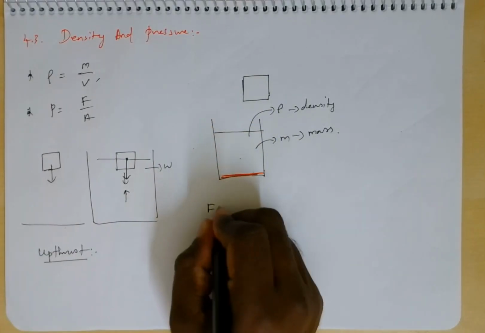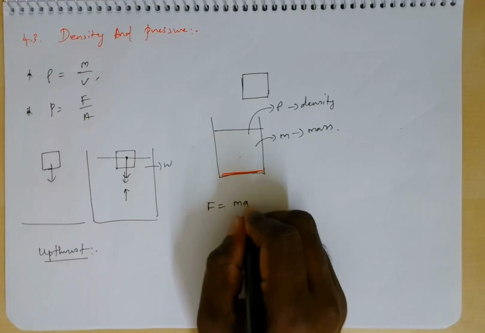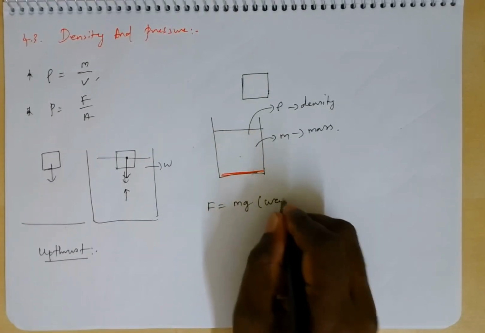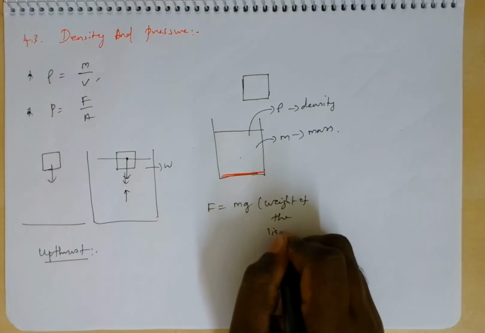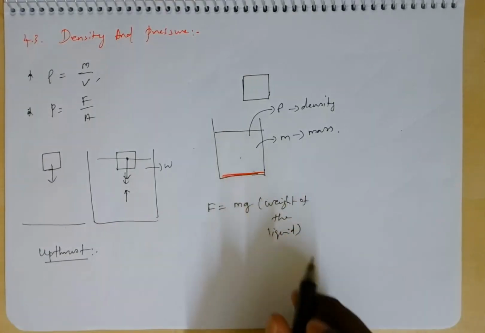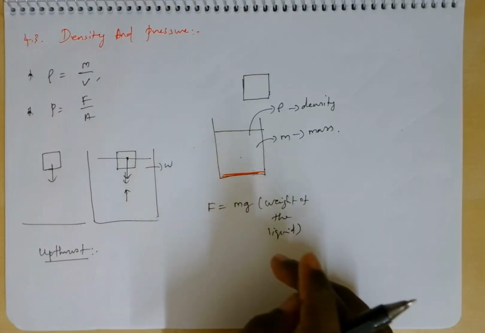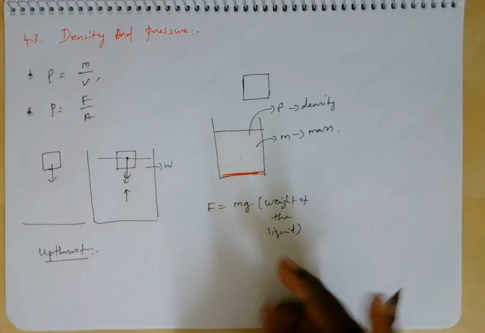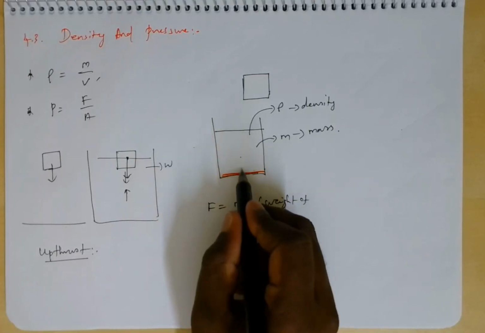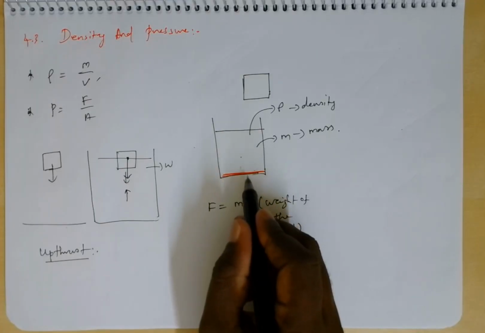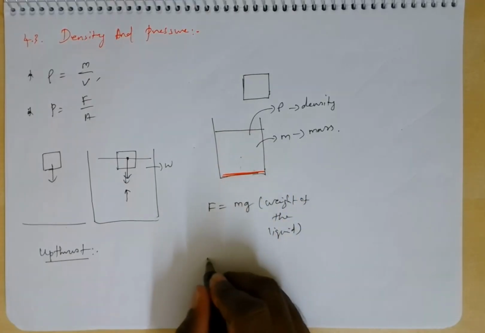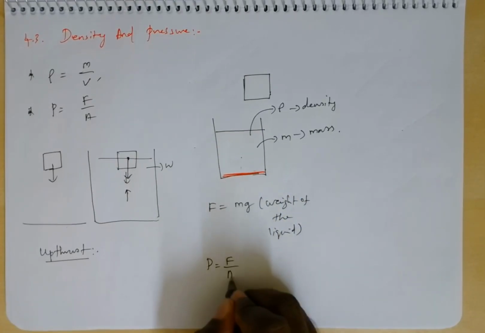The force here is mg, which is the weight of the liquid. So as a result, we get pressure here, and pressure is force by area.